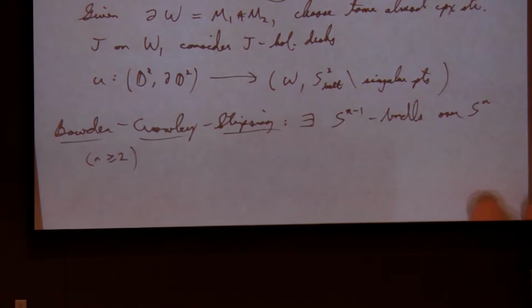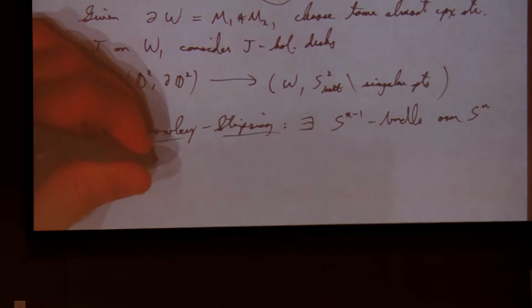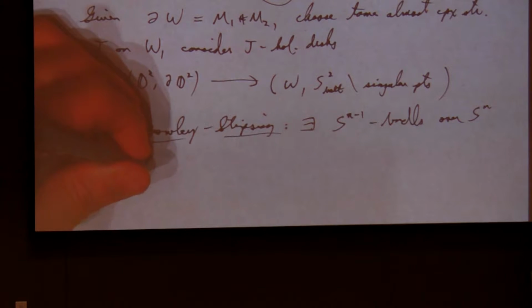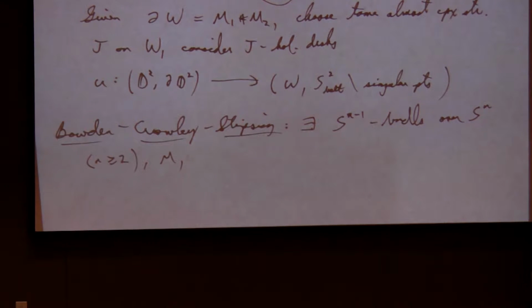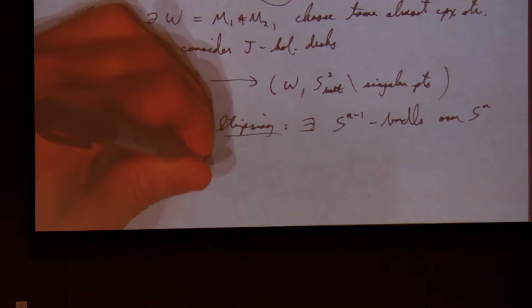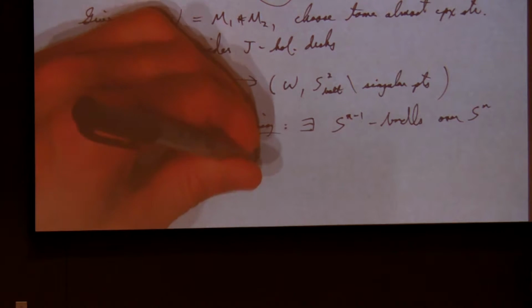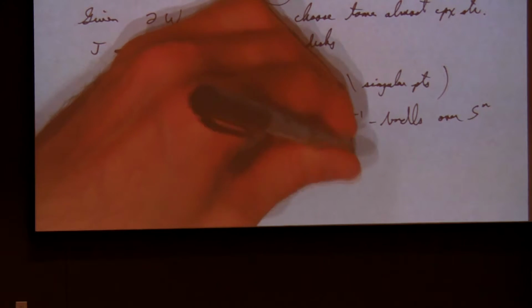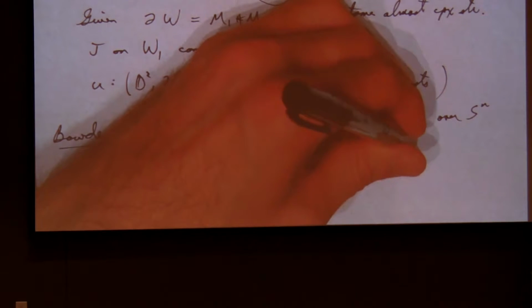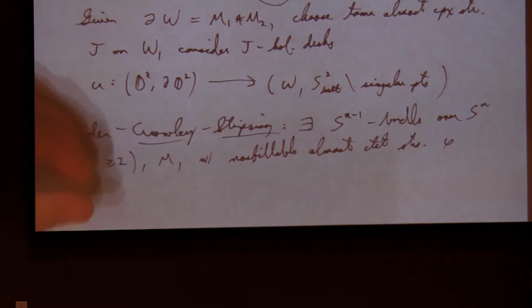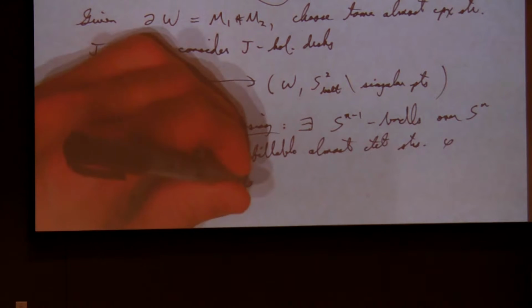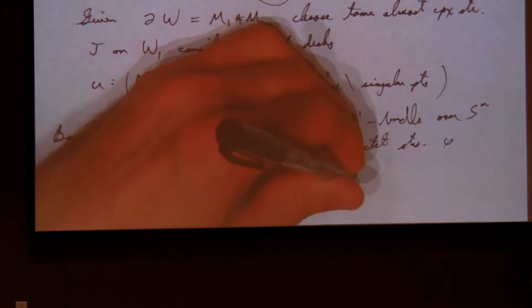But in any case, there exists some, let's call the thing M, with non-fillable almost contact structures phi, such that the connected sum of minus M with itself, with this connected sum of almost contact structures again, is Stein fillable.